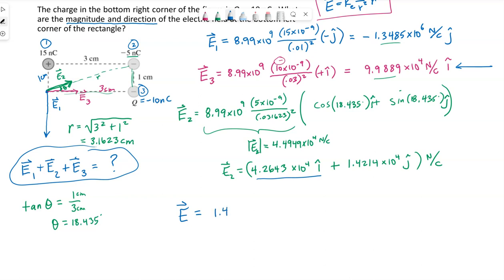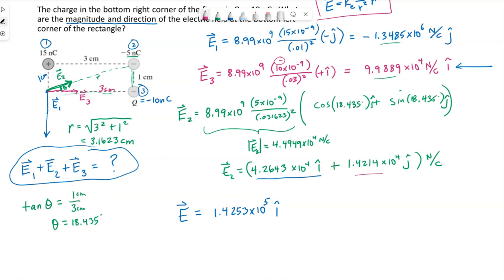These add to 1.4253 times 10 to the 5. And that is now our x component of the overall electric field vector. Which hopefully makes sense. If we come back to the picture, not the number itself, but that we should have a bigger x component because they were both in the positive x direction.